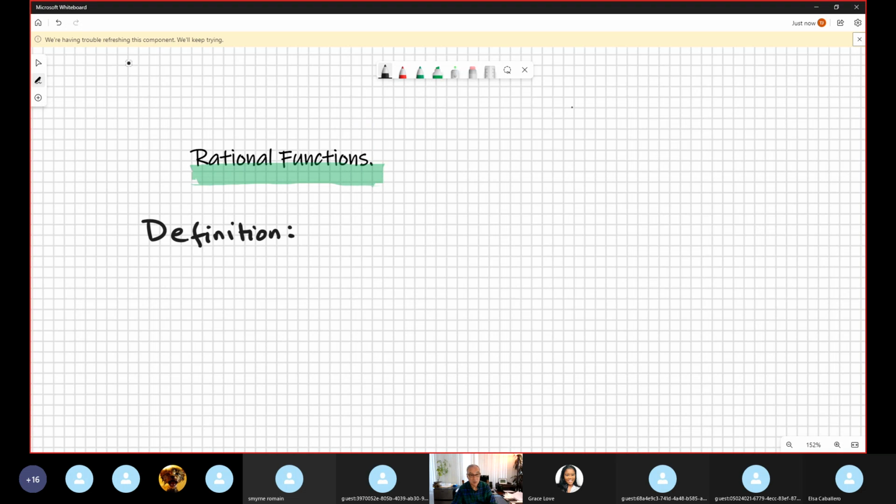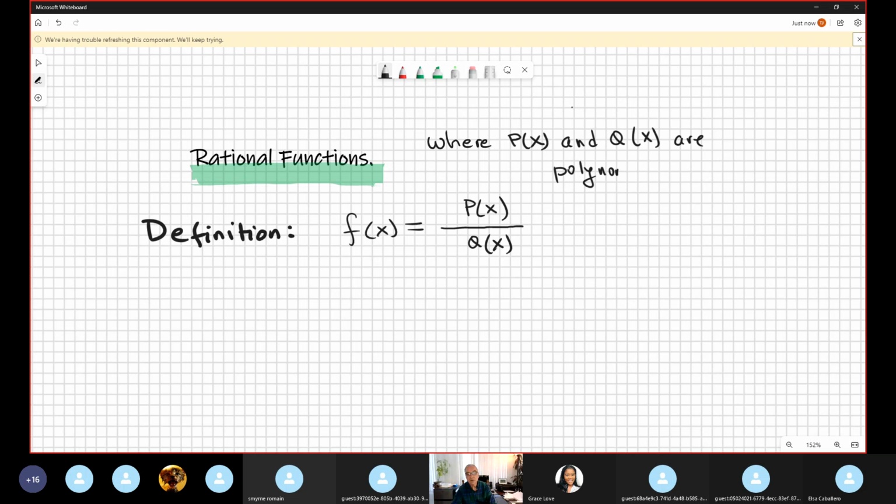It's a name that we are always using for any function. It is the division of two polynomials, P and Q, where P of x and Q of x both are polynomial functions.